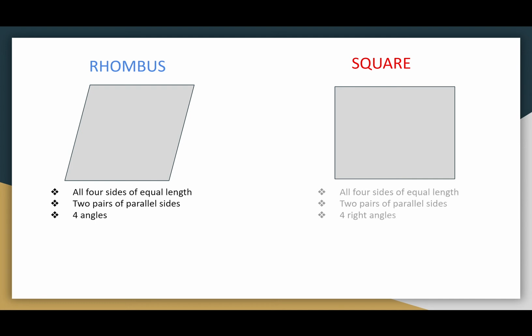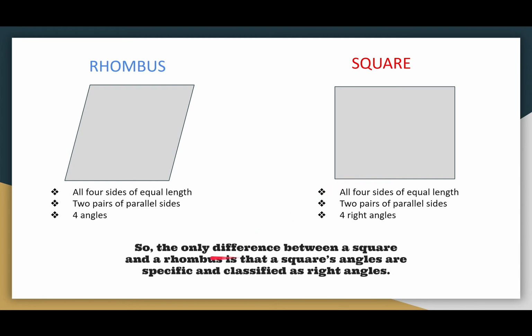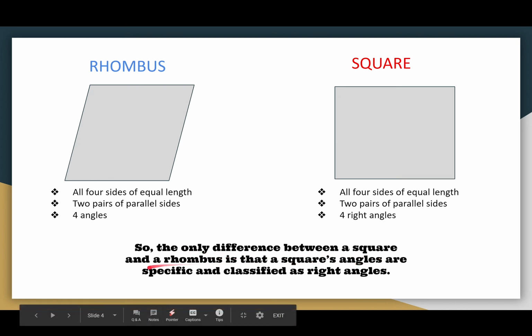If we look at a square, all four sides of equal length, okay, that's the same. Two pairs of parallel sides, okay, that's the same. Four right angles, whoa, so four right angles, that makes a difference in a square. So if we try to make a Venn diagram for a square and a rhombus, we can say that the difference between a square and a rhombus is that a square's angles are specific and classified as right angles.